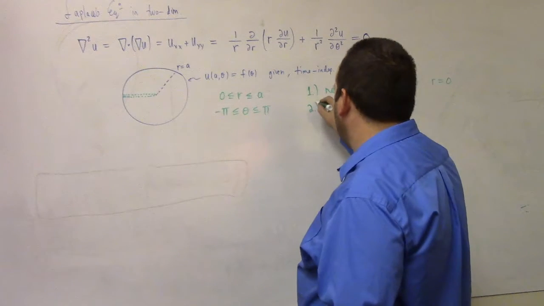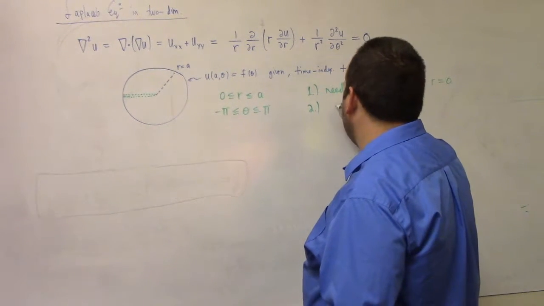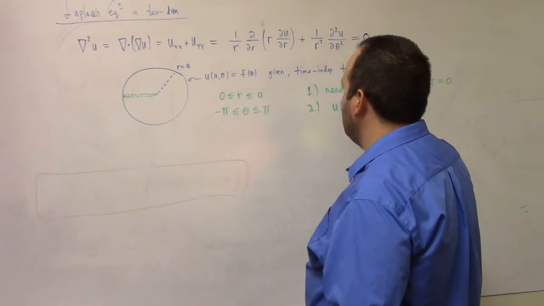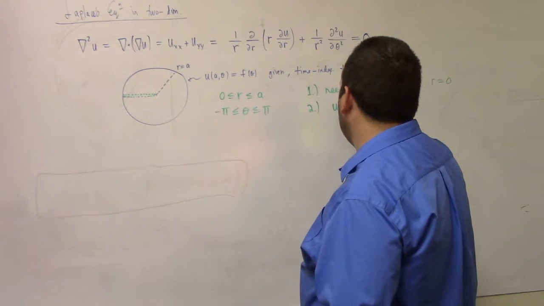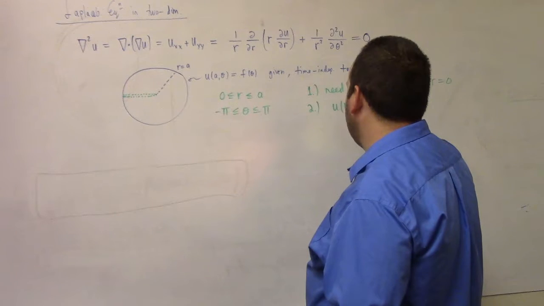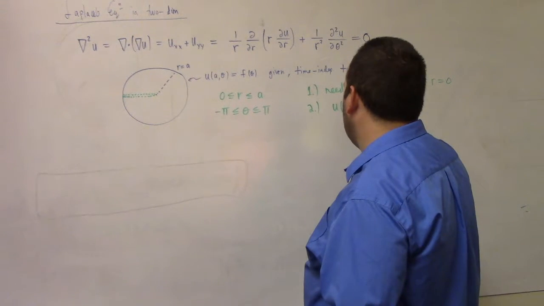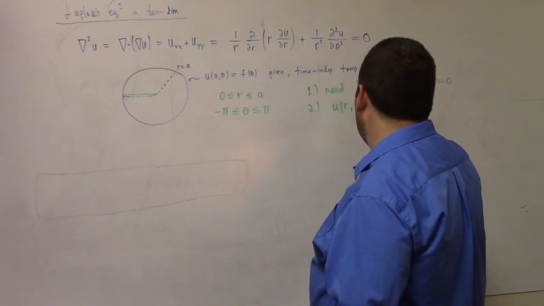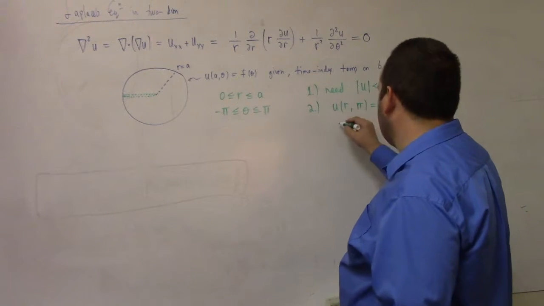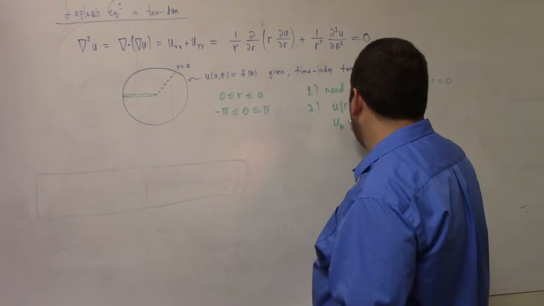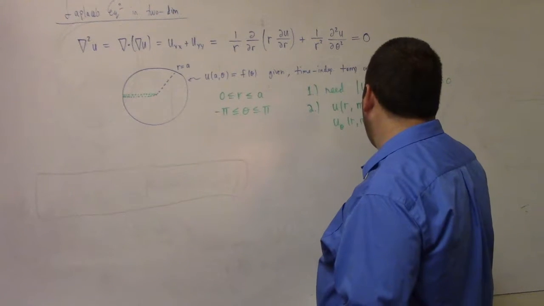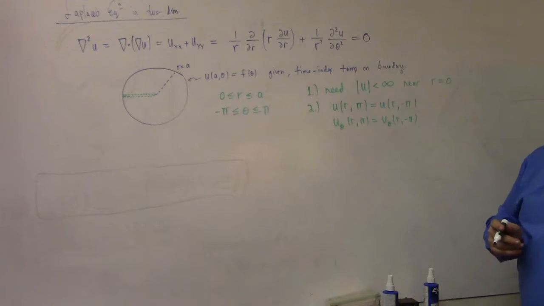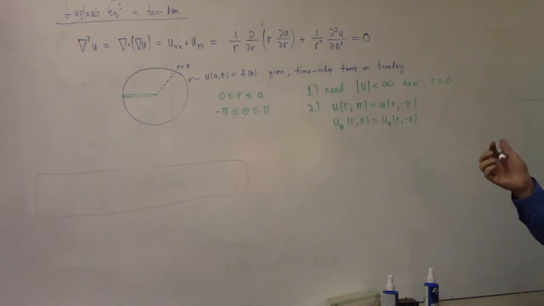And second, if we're going to work with minus pi to pi, we expect u of r, pi equals u of r, negative pi, and also the same for the derivative, because that's just where we're redefining the angle.